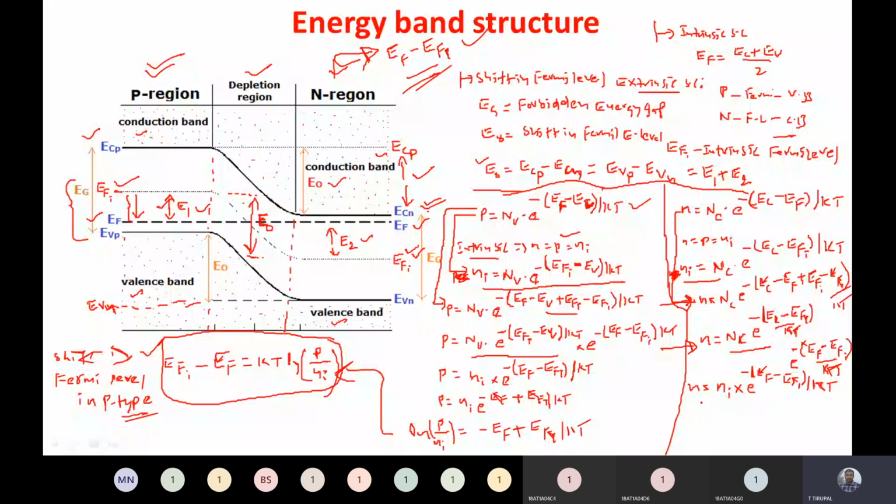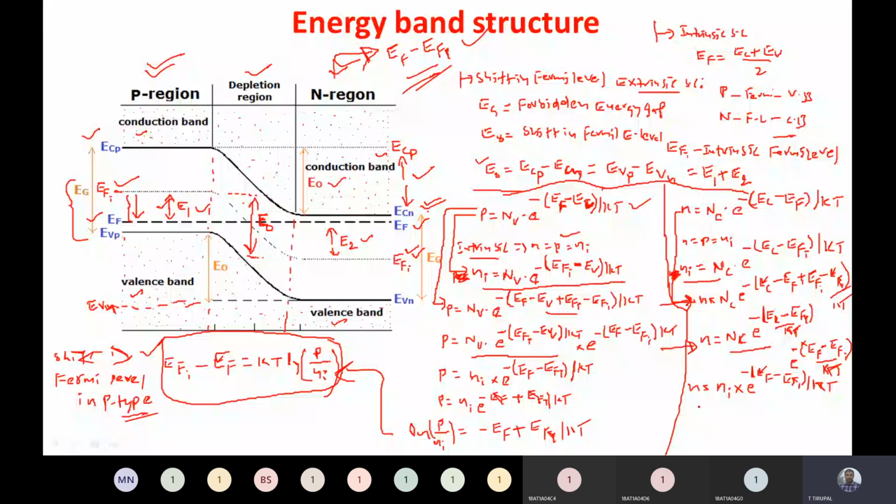Apply natural logarithm and tell me the answer. What answer you get?